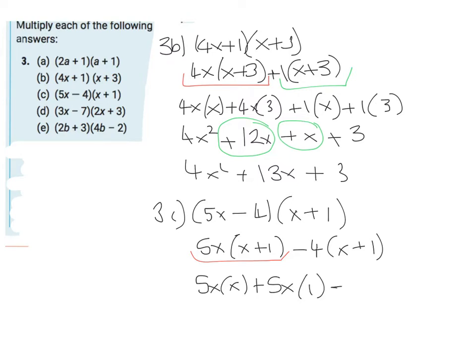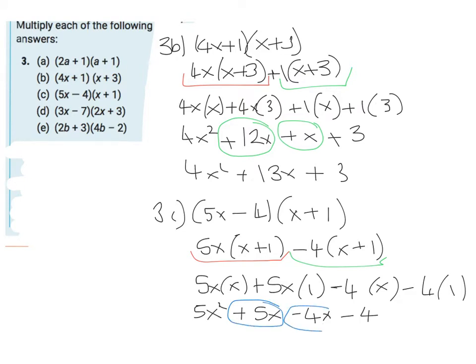And the next one, minus 4 is multiplied by x, and minus 4 is multiplied by 1. So we end up with 5x squared plus 5x minus 4x minus 4.